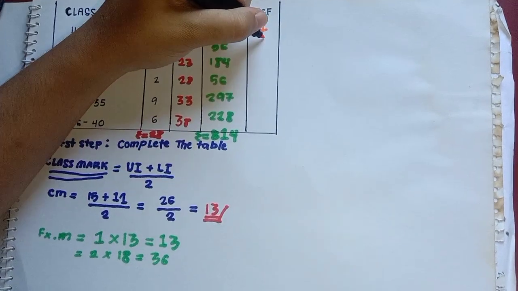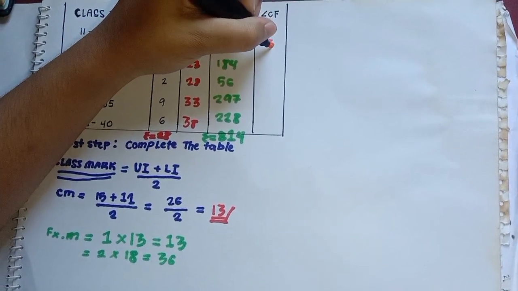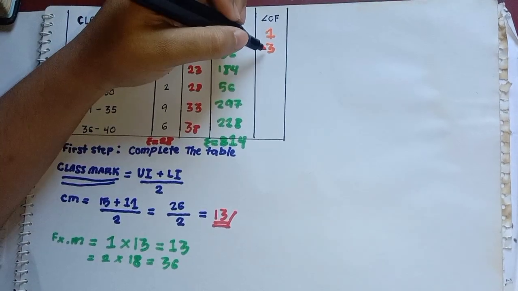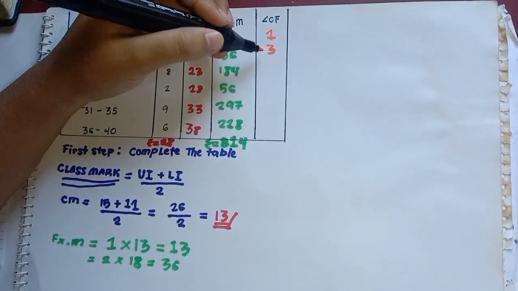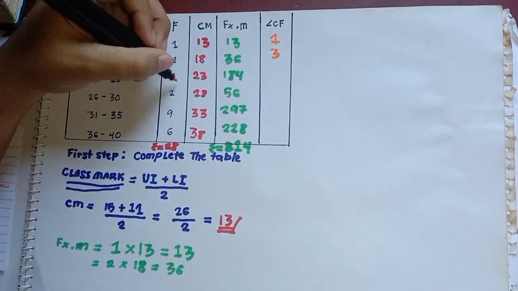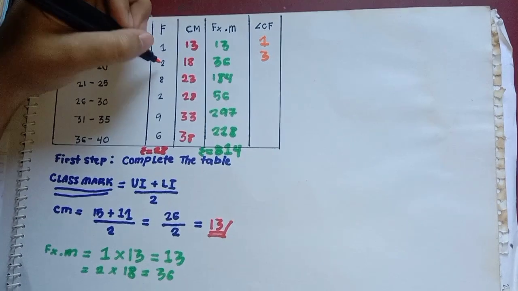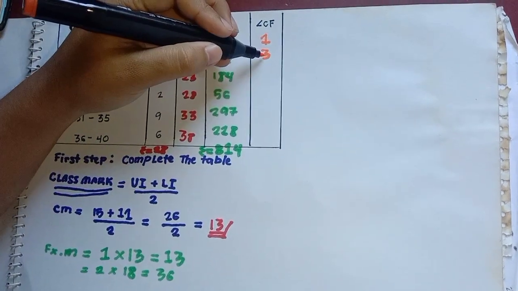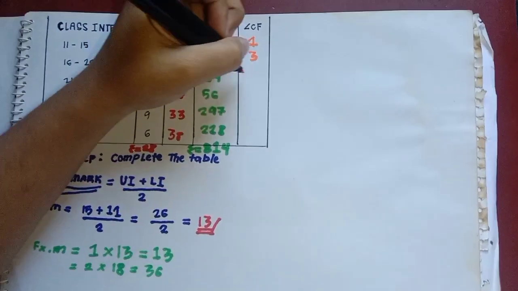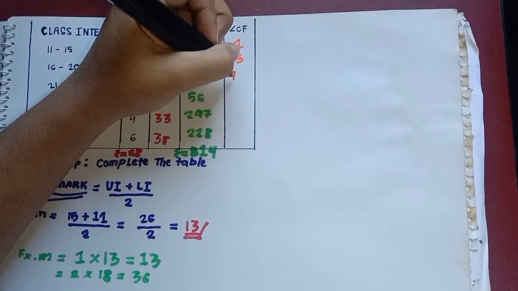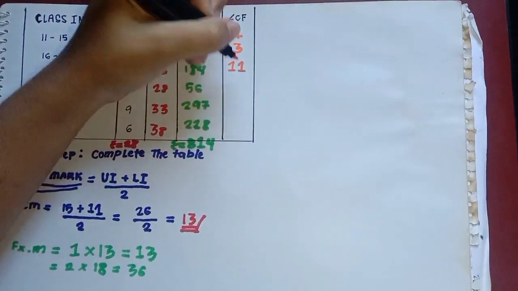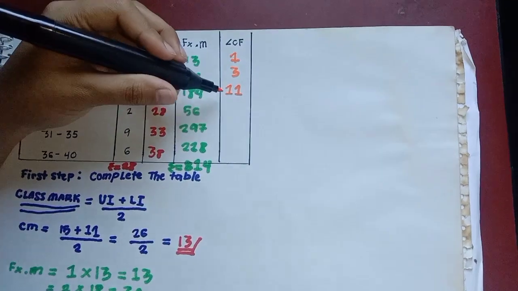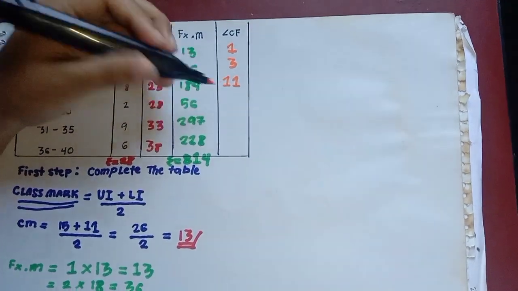For the second cumulative frequency, we add 1 to our second frequency, which is 2. 1 plus 2 will be 3, and then 3 will be added to our third frequency, which is 8. 3 plus 8 will be 11. Then we're going to put 11 there.